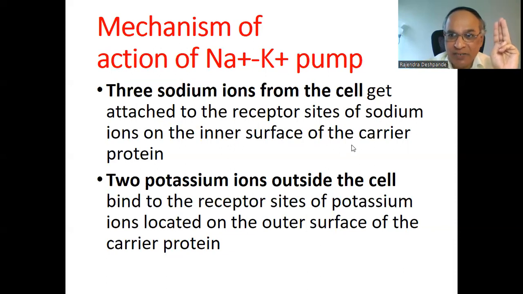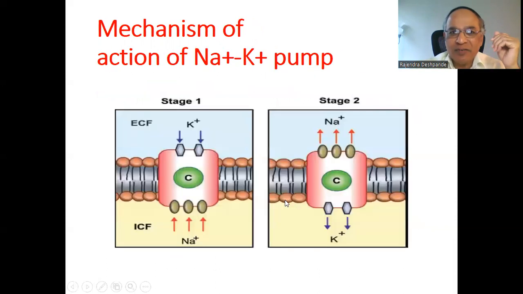Sodium is attached to each of the 3. 2 potassium ions outside the cell bind to the receptor sites for potassium ions located on the outer surface of the NAK pump. Next, here you can see this is extracellular fluid, this is intracellular fluid, this is the cell membrane, this is outside of the cell, this is inside of the cell.